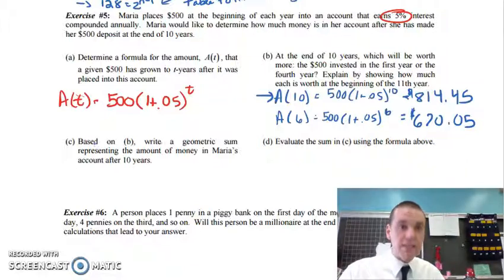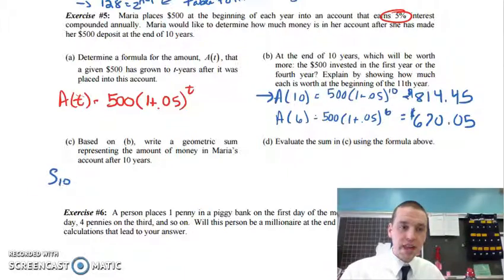So C, based on B, write a geometric sum representing the amount of money in Maria's account after 10 years. So you're adding each one of these. You're adding 10, 9, 8, 7, 6, 5, 4, 3, 2, 1. All of those are going to be the amounts we added up. So it's, again, the geometric series.